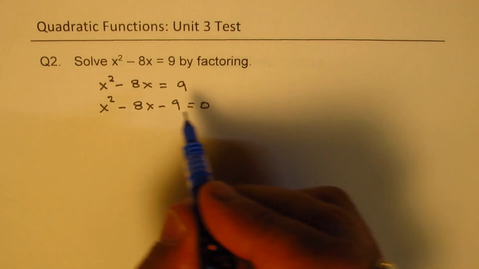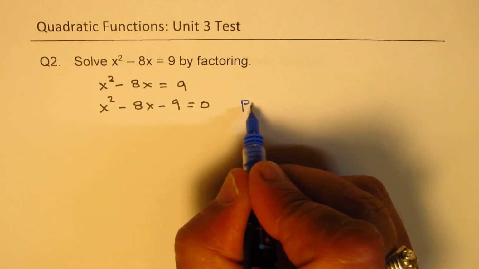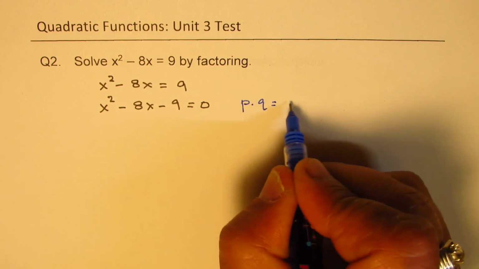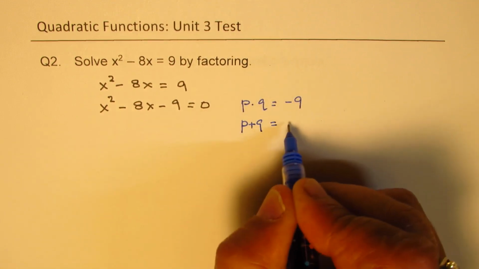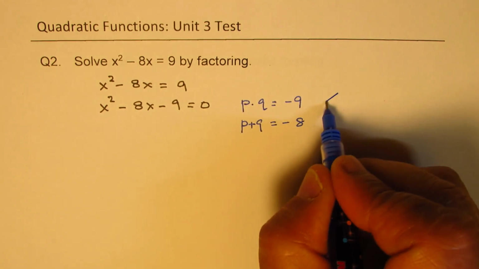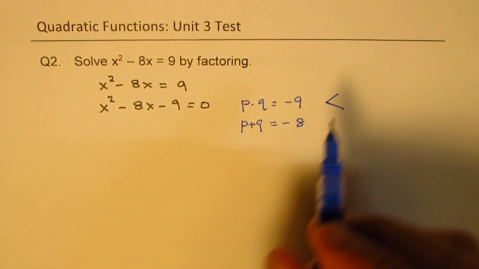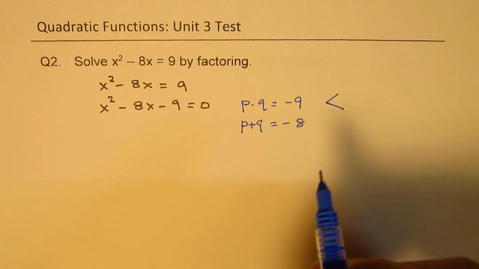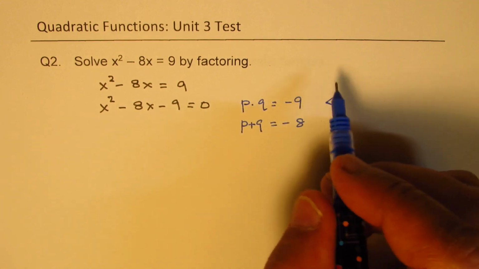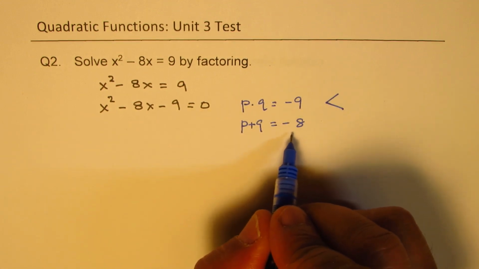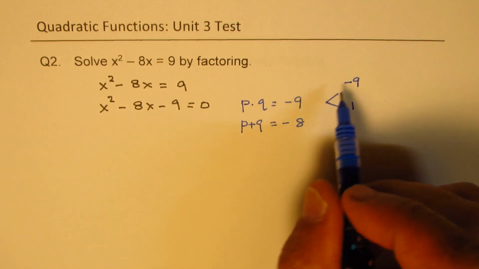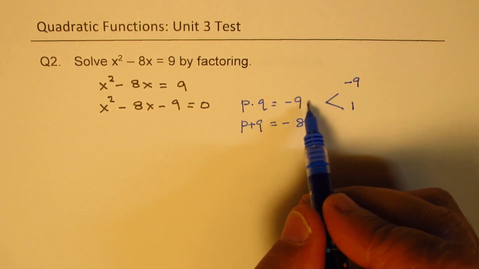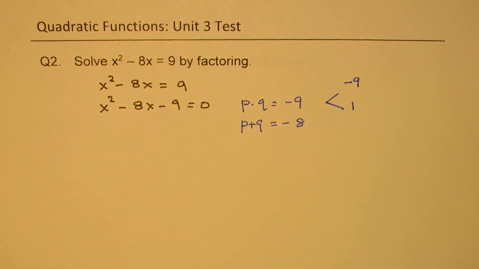So we are looking for two numbers whose product is minus 9 and sum of those two numbers is minus 8. So the numbers could be 9 and 1, right? The bigger number has to be negative, right? So minus 9 and 1 can give you a product of minus 9 and a sum of minus 8.